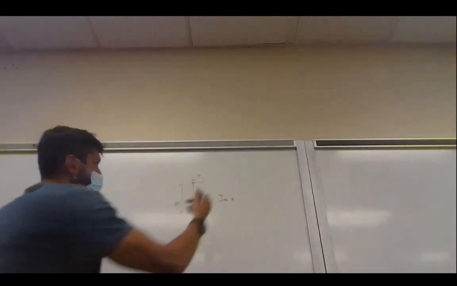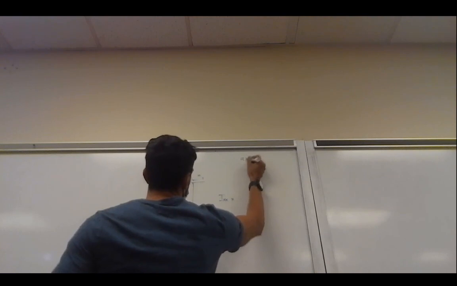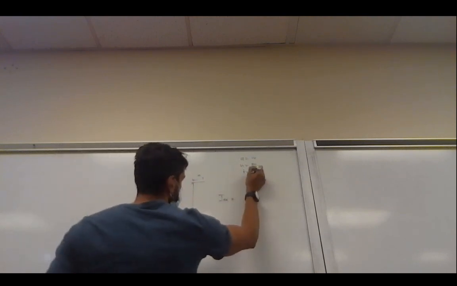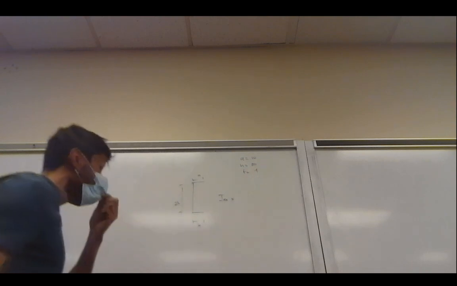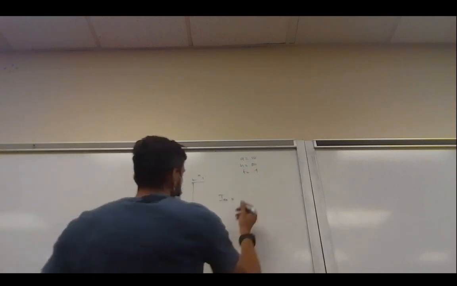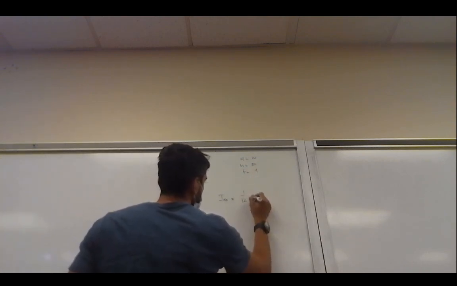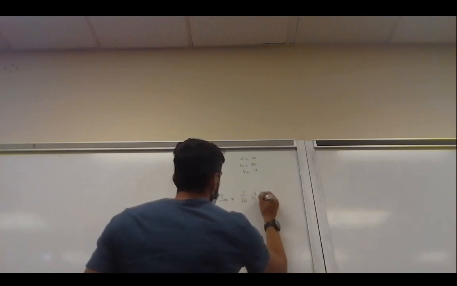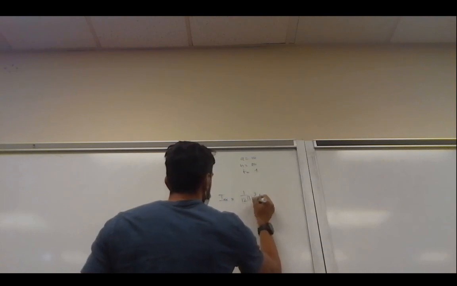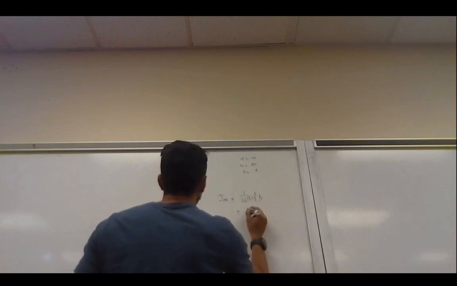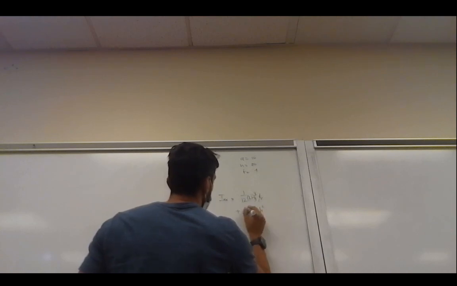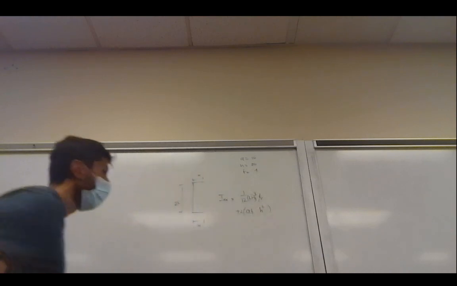Okay, and say you've been given numbers: a is equal to 10, h is equal to 20, and t is equal to 1. So if we now look at the moment of inertia, you have 1 over 12, b h cubed, this will be 2h cubed t plus a t times h squared times 2, right?